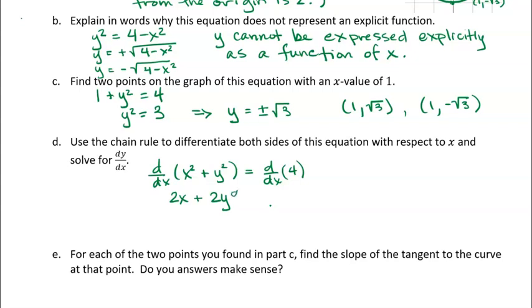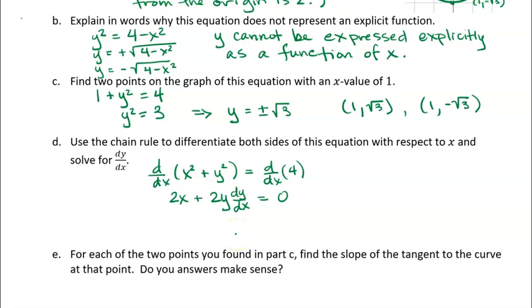So what I'm going to do is multiply by the derivative of the inside function, which is dy/dx. Okay? So we're using the chain rule here. Remember? So we're differentiating y squared. We get 2y, and then we have to multiply it by the derivative of the inside function, which is y. All right? Now, the other side is just a constant, so it's 0.